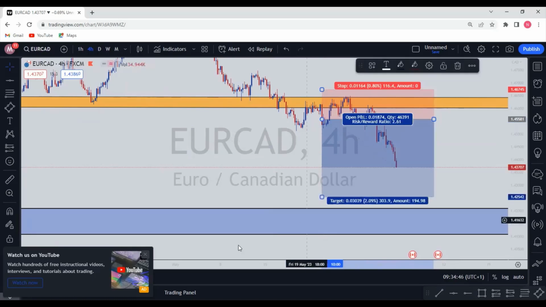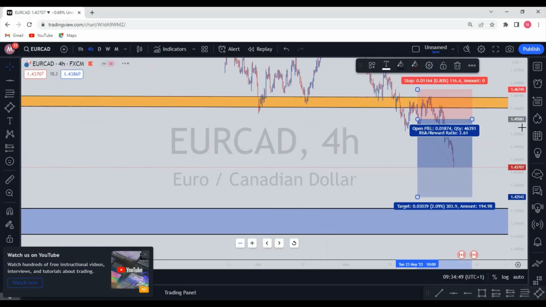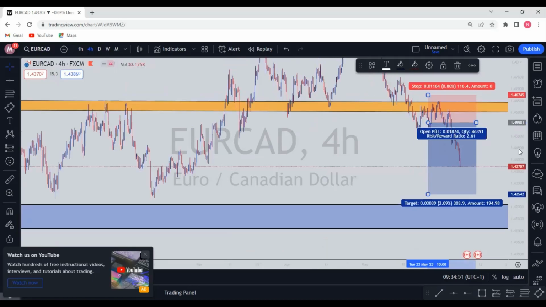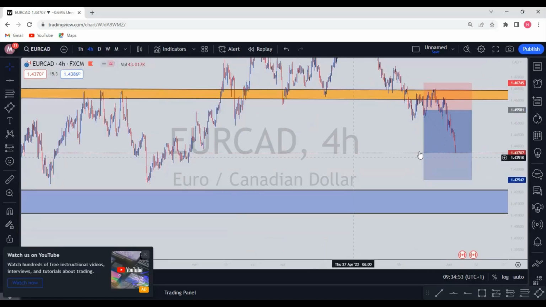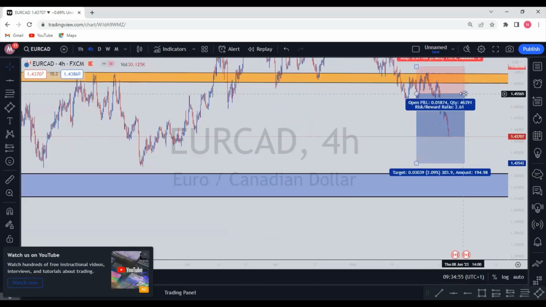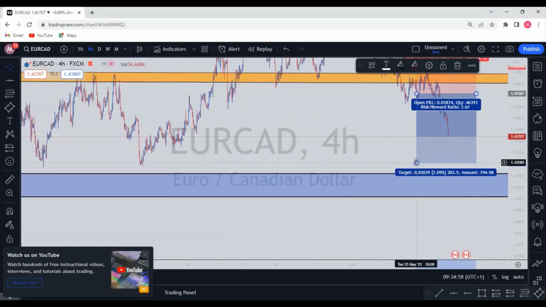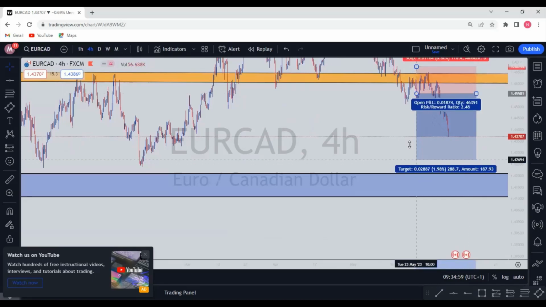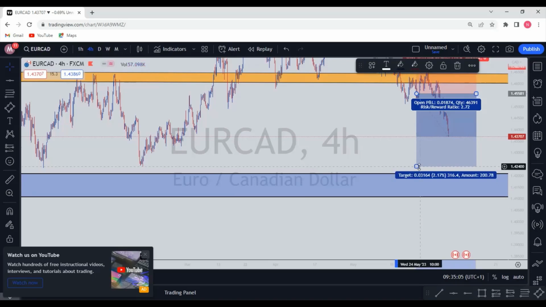So basically, this is what happened, and I'm anticipating EUR/CAD to come down here. We might have a little bit of hiccups here, but overall I'm anticipating it to come down here. So at this point I'm going to take some of my profit, about 80%, and leave 20% running.